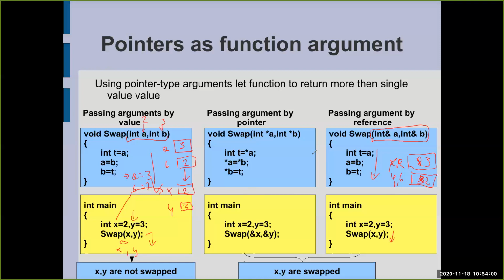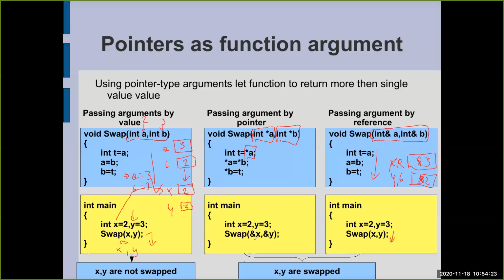And now we have this middle example. So now my arguments are pointers. So I'd like to have a and b, which are pointers. And what is done here, I take the address, not the reference of a.